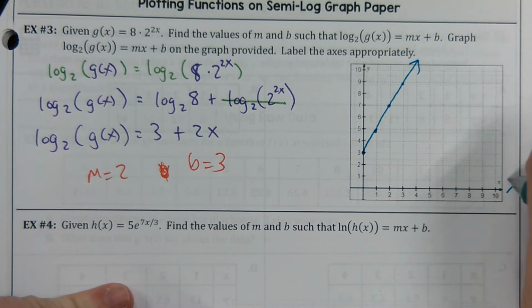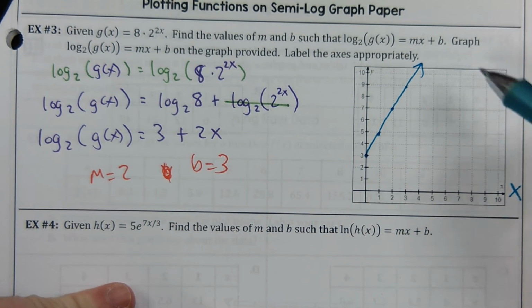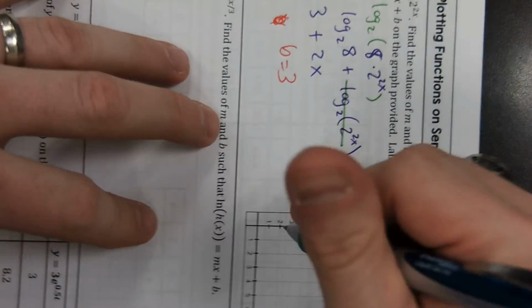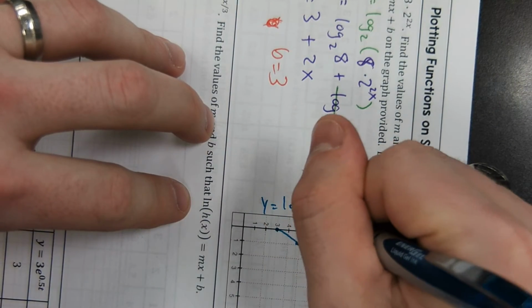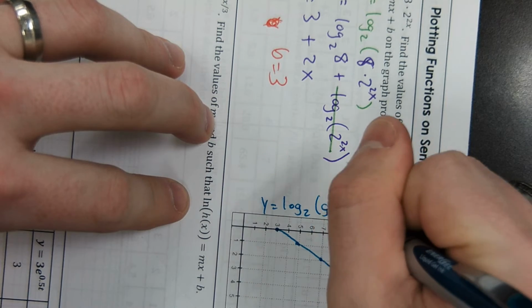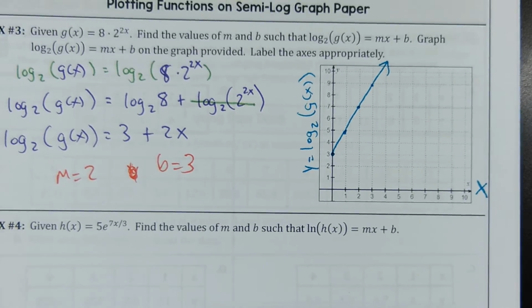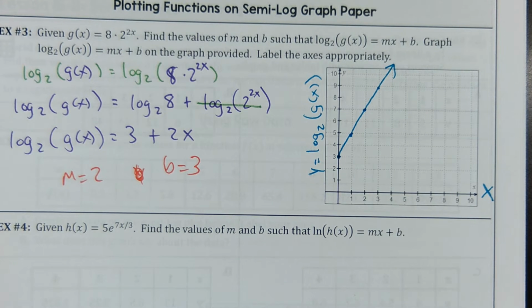But that's only if this is the x-axis and this is the log base 2 of g of x-axis. Ta-da! That means every time you go up by 1 on the y-axis, you've actually doubled the y value.